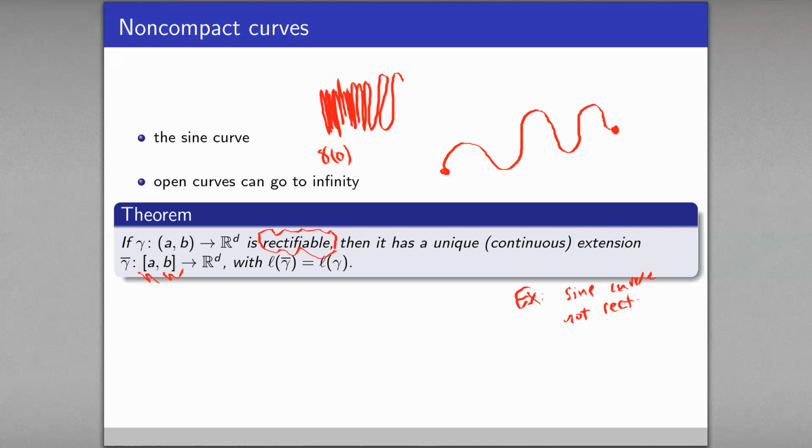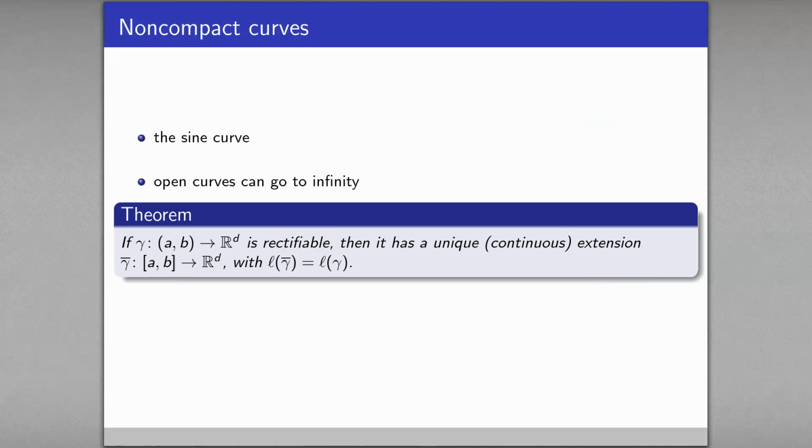And this also says you cannot go to infinity with a rectifiable curve. Again, if you go to infinity, you cannot assign values to the endpoints. So this is very nice, and the proof of this is also not that bad. By contradiction, suppose that this wasn't the case, and that means you cannot assign a value, so your values just wiggle around too much.